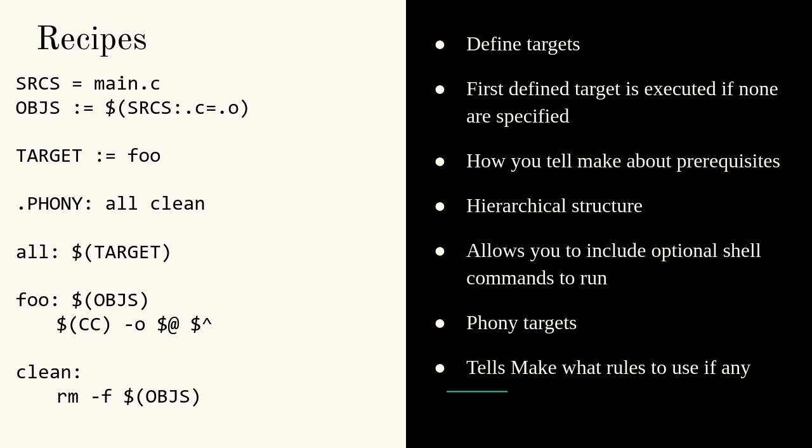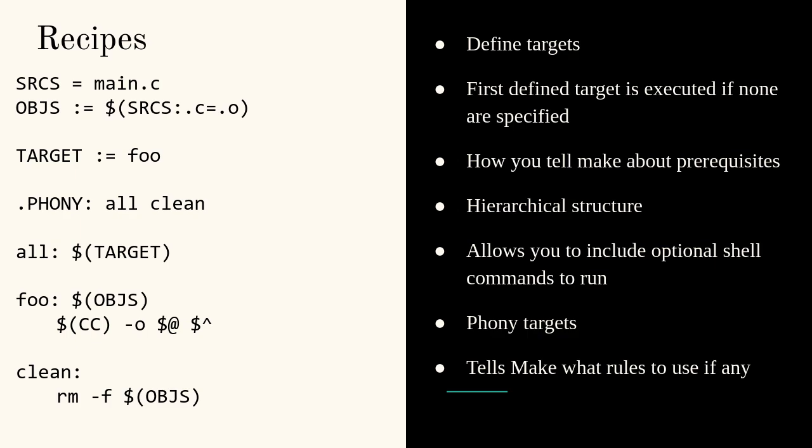Make expects that when a target build is completed, that target will be a file on your hard drive in the current working directory or wherever you tell it to be. If it doesn't exist, every time you run make, it will try to rebuild that file.